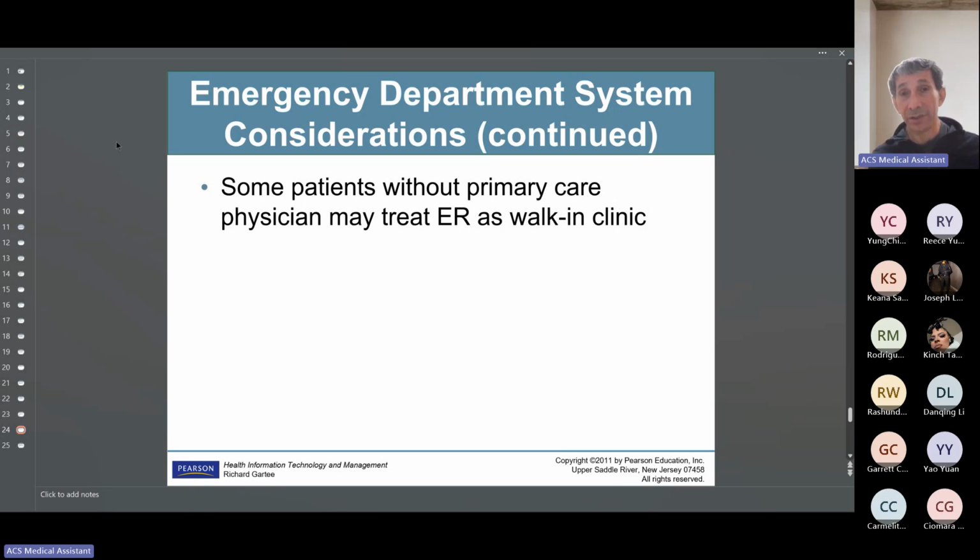So when you call the emergency department to find out whether your loved one, your family member, your friend has been admitted there because they're missing in action, the person who answers the phone is going to ask, what is the name of the patient? Such and such. Do you know any other information? I have a name that matches that one.